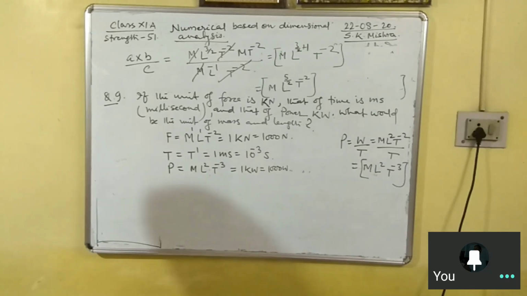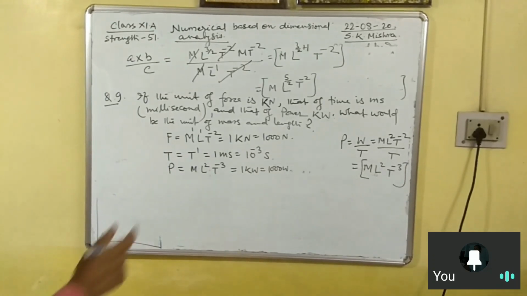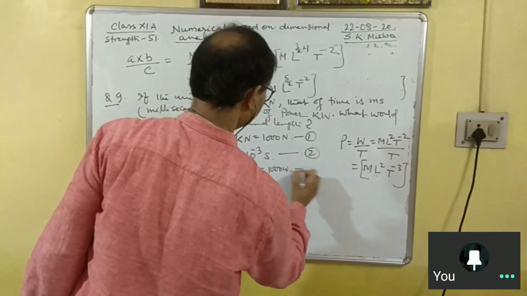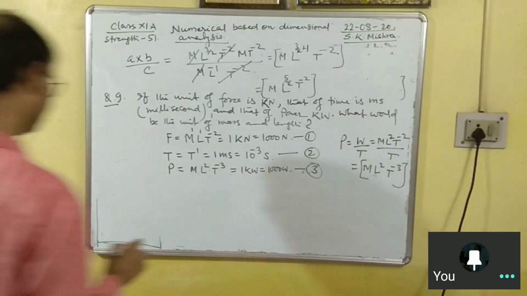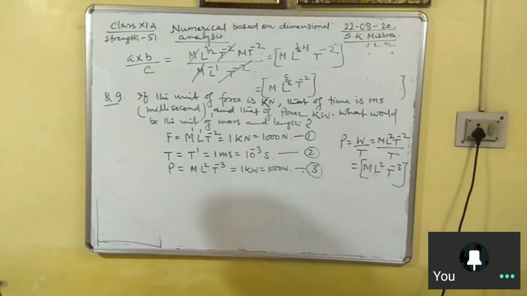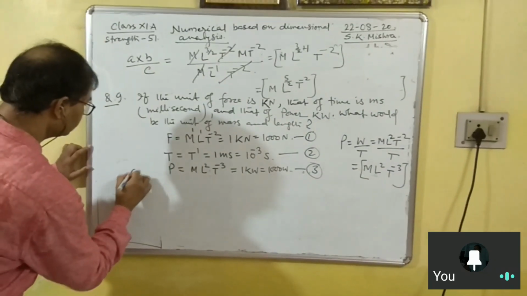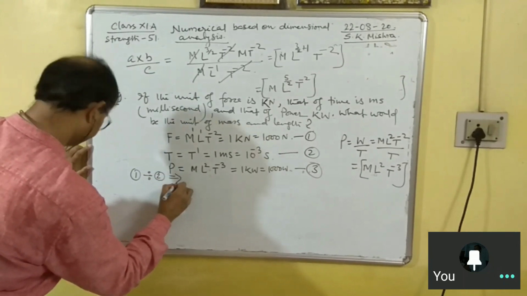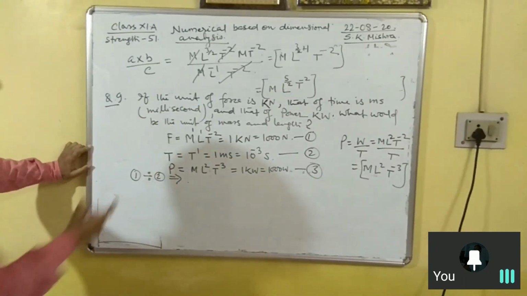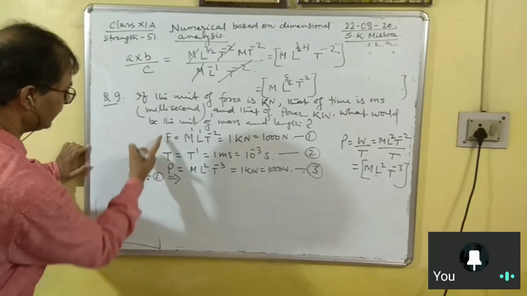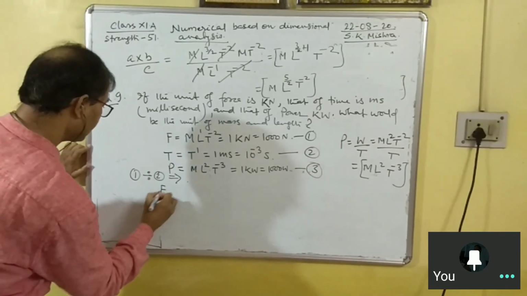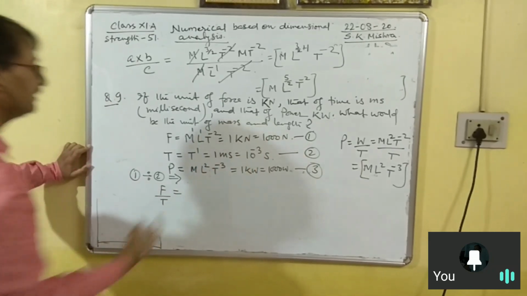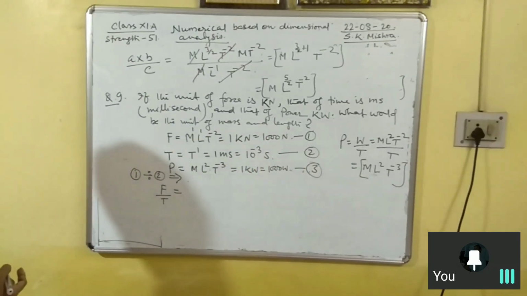Now equation 1, equation 2, equation 3. Just divide equation 1 by equation 2. So F by T is 1000 by 10 raised to minus 3.